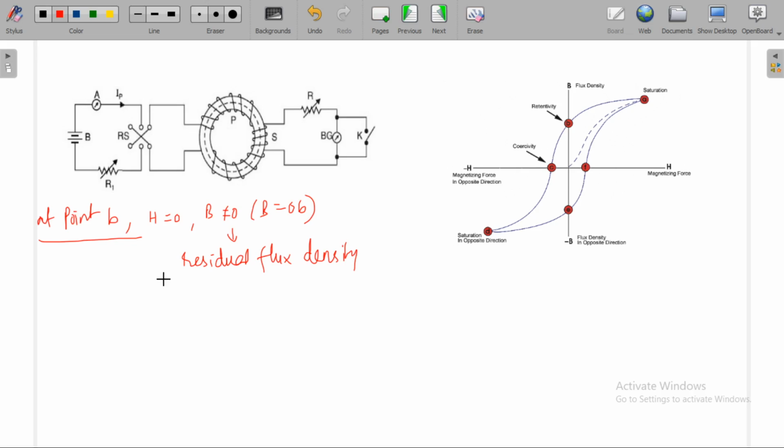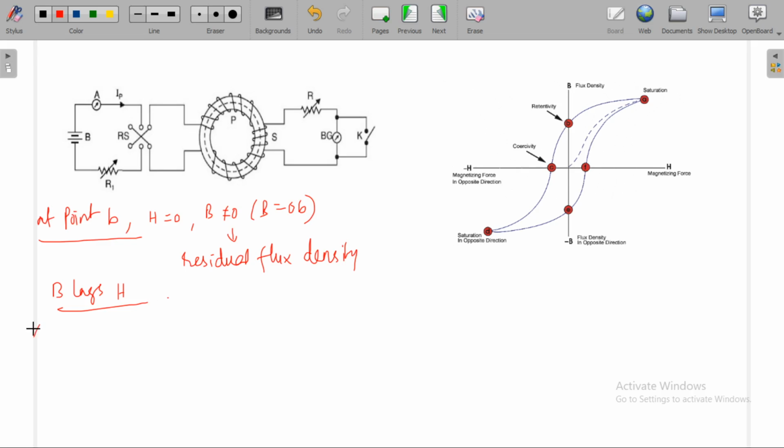In other words, B lags H, because even though the H is 0, B is not equal to 0. This is lagging behind H. So the greater the lag, the greater is the residual magnetism.